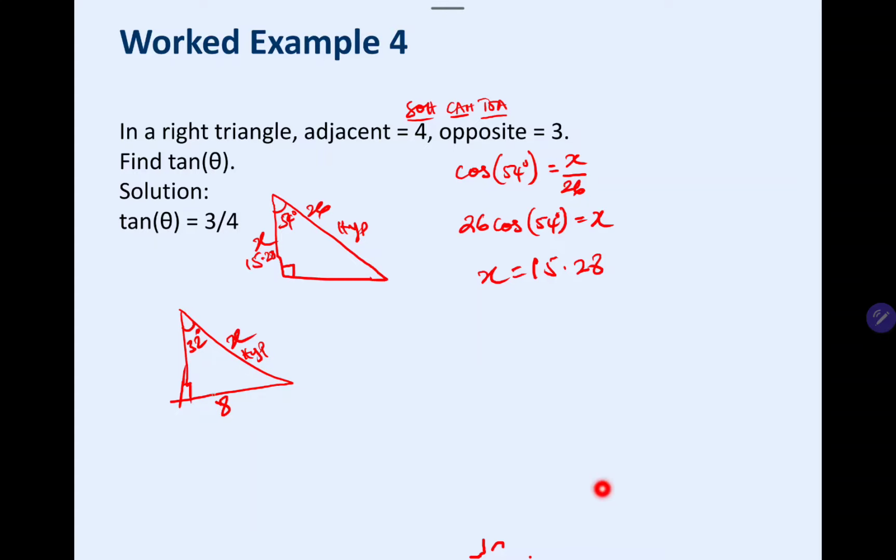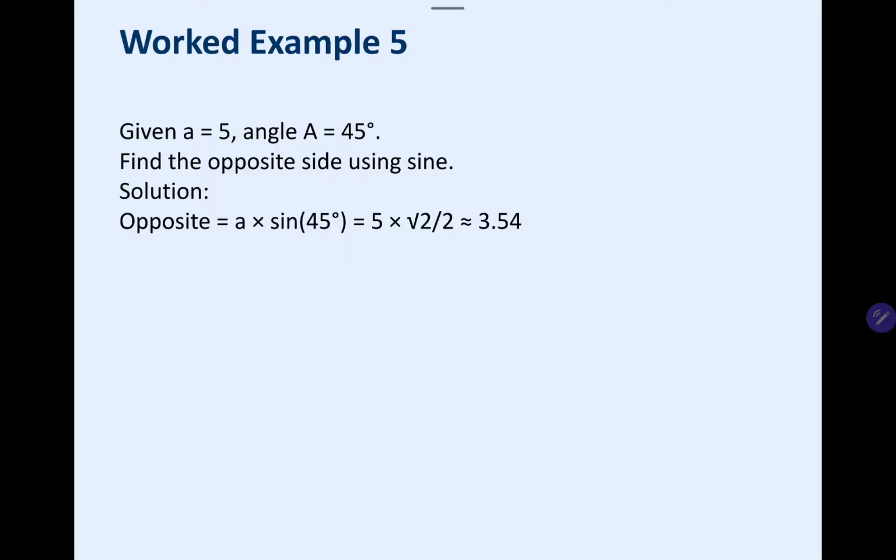We always know that the side opposite the right angle is the hypotenuse, and the side opposite the angle is the opposite, and the other side is the adjacent side. So remember SOHCAHTOA, we have the opposite and we have the hypotenuse, so that's the sine. We can use the sine function.